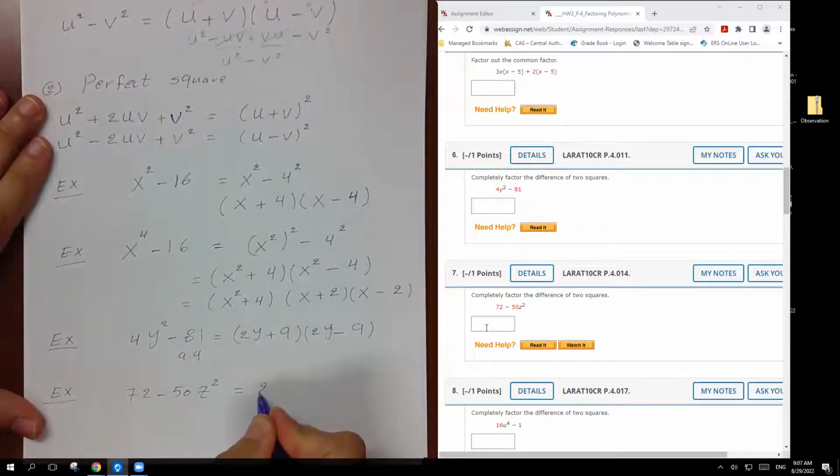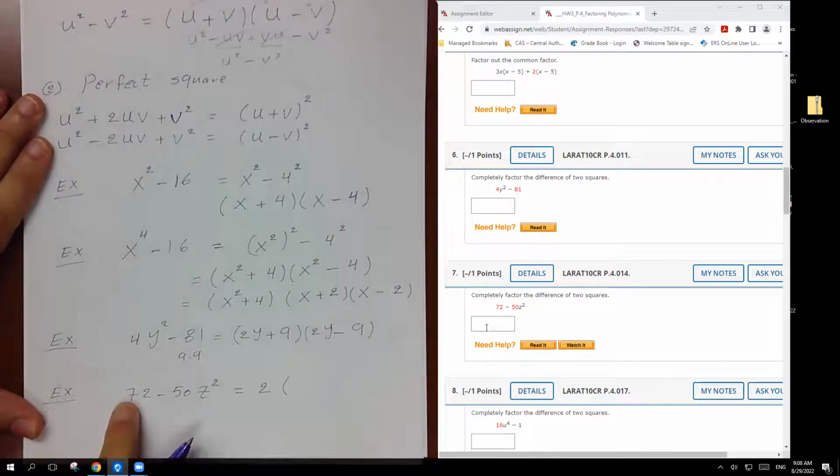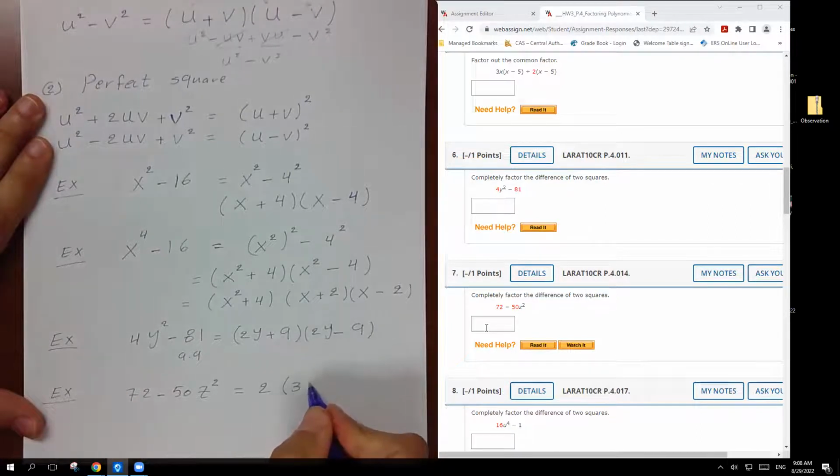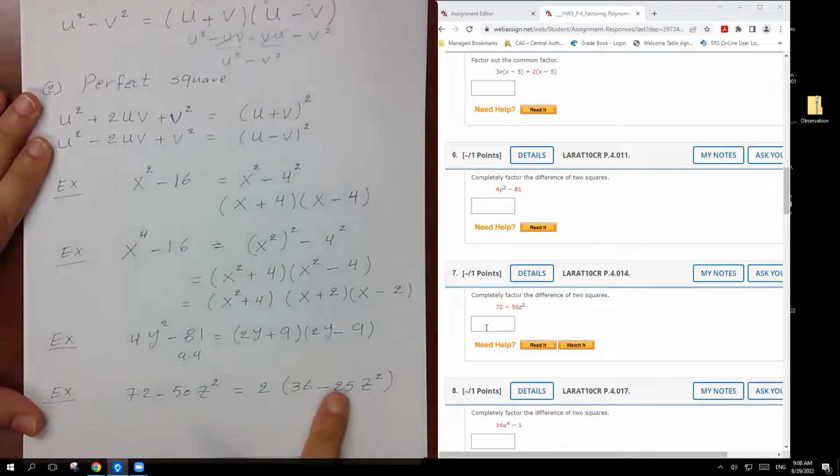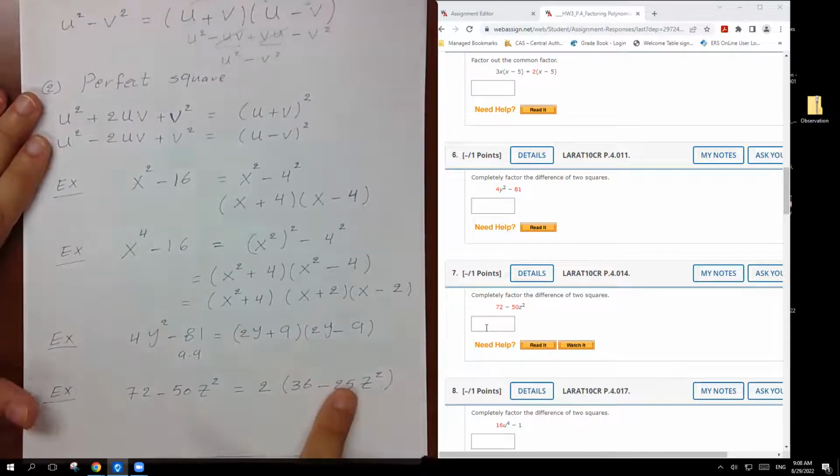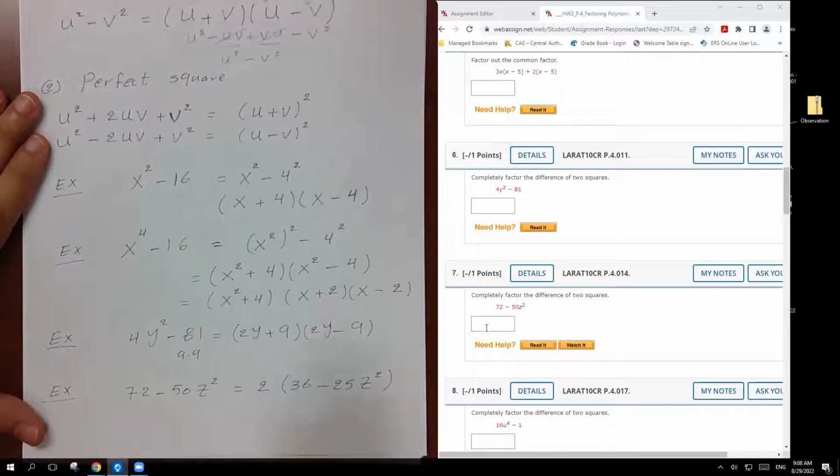So I'm going to take the 2 out. 72 divided by 2 is going to be 36. Minus 50 divided by 2 is going to be 25. And here is the z squared. Now, if you look at this part, yes, there is a difference between two squares, because I factored out the GCF. So this one is going to be 2, I have to write down the GCF, the common factor, with my solution. Open two parentheses, one plus, one minus.